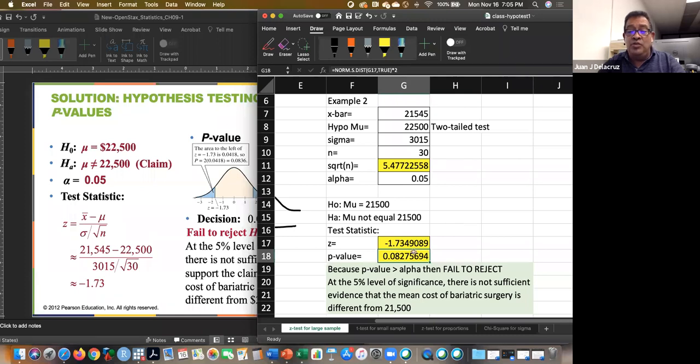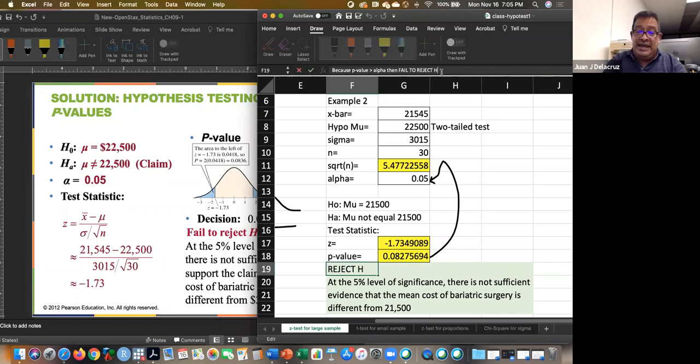So I am going to find the Z-score, find the p-value, and multiply it by 2. In this case, the p-value is greater than the alpha. Because the p-value is greater than alpha, we fail to reject H0, right?